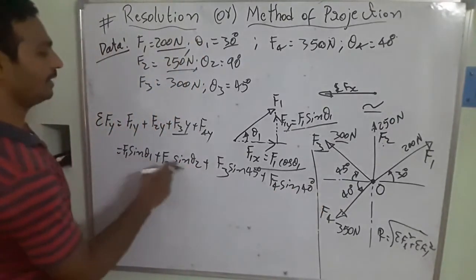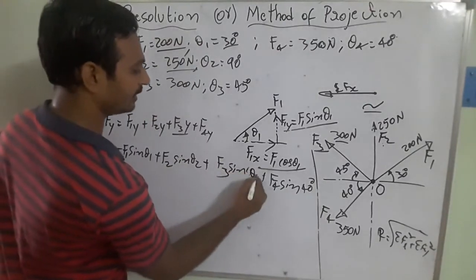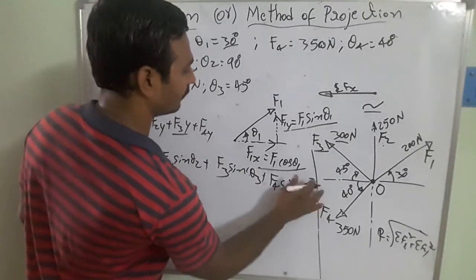So we can say this is theta 1, theta 2, theta 3, and theta 4.